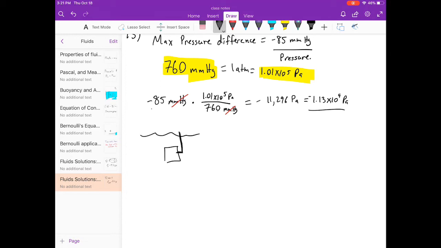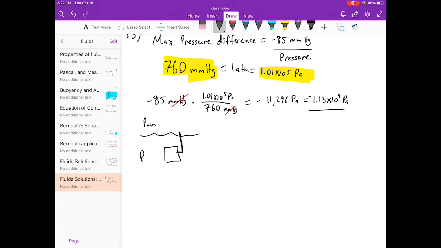Tarzan's lungs function normally at the pressure of an atmosphere. What this is saying is that since his lungs function at an atmosphere, the pressure of his environment can only be greater than the pressure of his lungs by 85 millimeters of mercury, or this 1.13 times 10 to the 4th pascals.